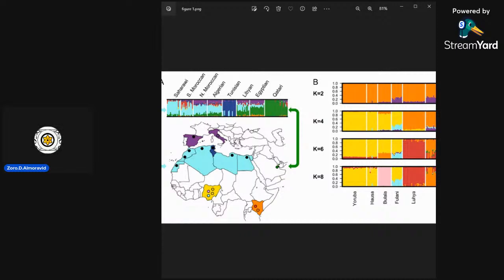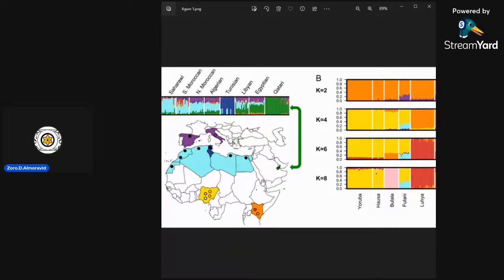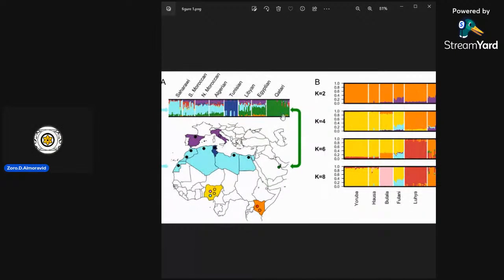So when you go from the right to the left, which translates geographically from the east to the west, the green markers here represent the eastern markers. When you go from here to here, you're going to notice a decline in the eastern markers.